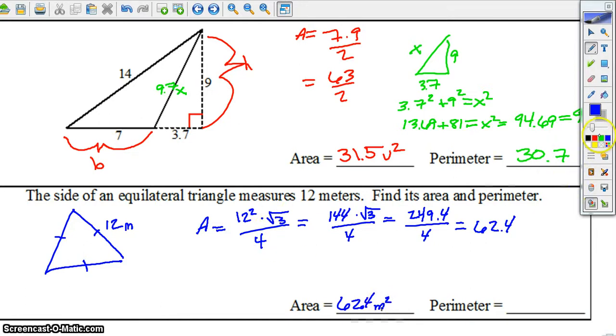And then our perimeter is pretty basic. Our perimeter is all the sides added up together. That's 12 times 3, which is 36, and it's perimeter, so it's just going to be meters.